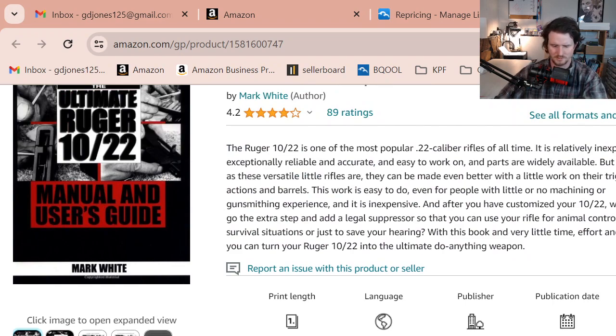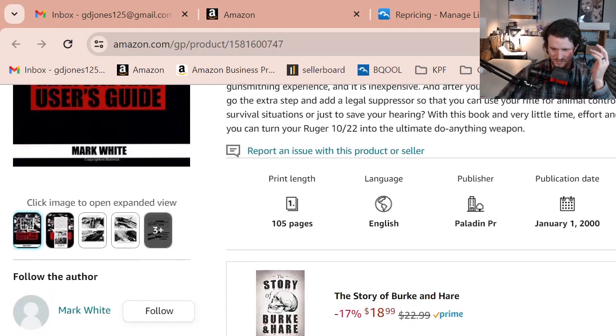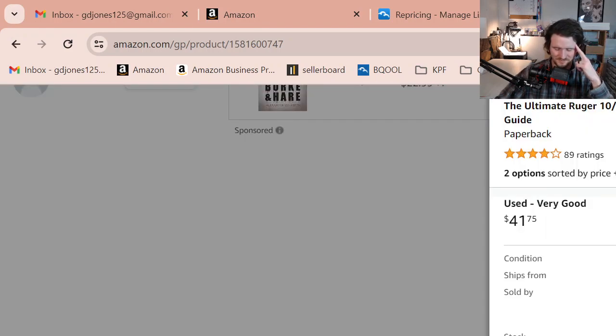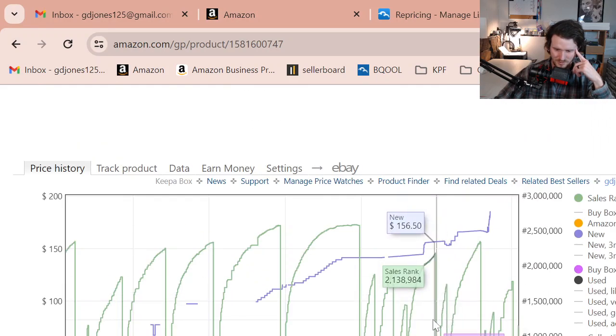So let's see, at 42, quadrupling my investment here. 41, is there any? Yeah, so if there's not a Prime button here, that means there's no Prime offers. So it looks like 41 might be the best spot for it, because I'll definitely be getting the buy box.